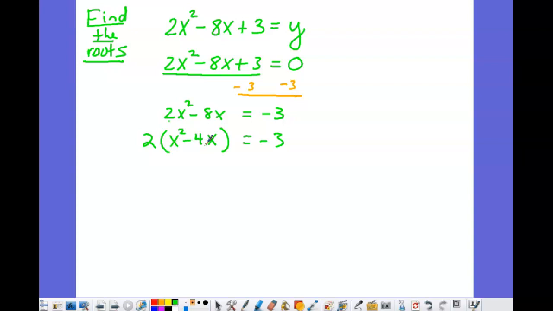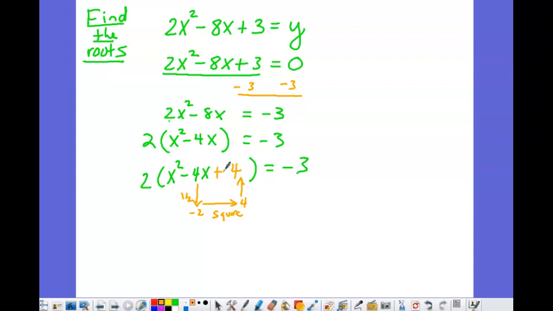The next step is to complete the square. So we take half of that number, which is -2, and then we square it, which is 4, and that's what we're going to put right there.